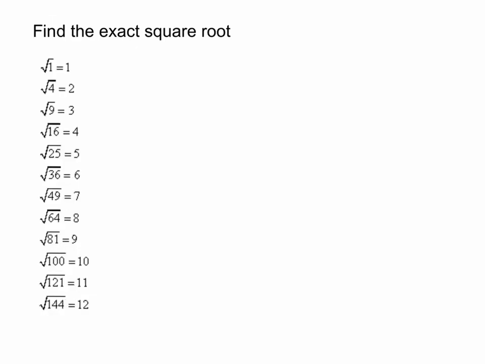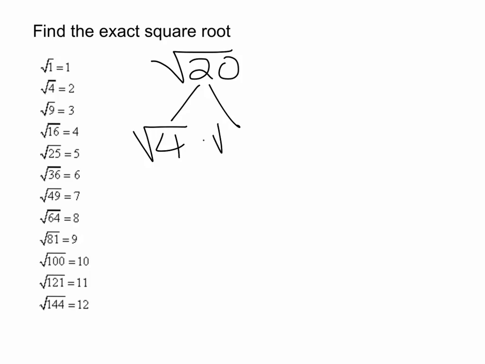So let's do another example, and for this example, I want to find the exact square root of 20. Now 20 again isn't a perfect square. So we're going to factor 20, and I want to try and get one of these perfect squares as a factor of 20. So the most obvious factors of 20 are going to be 4 and 5.